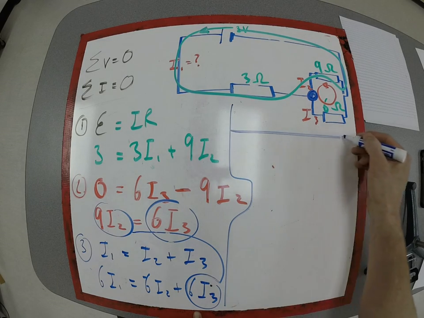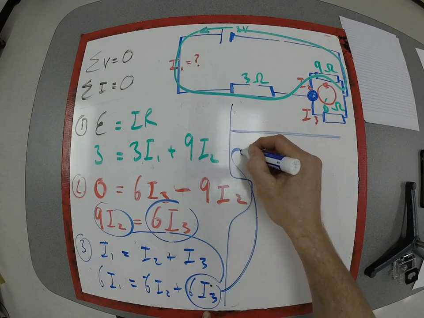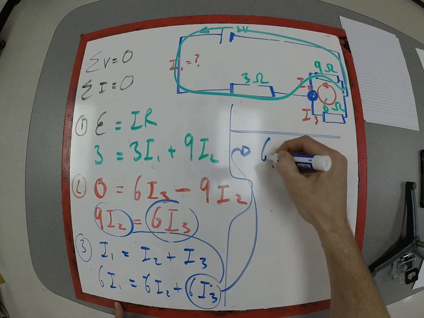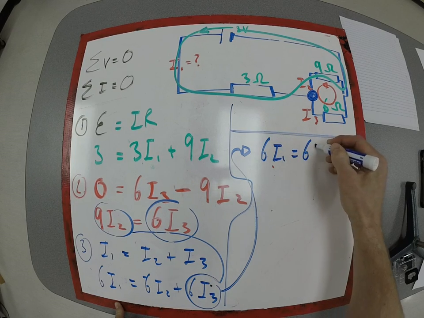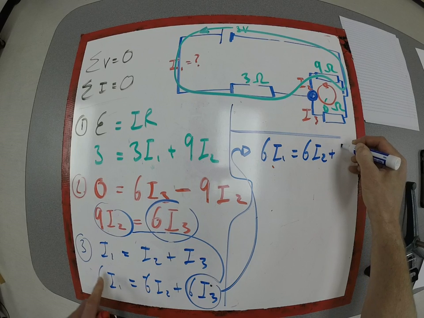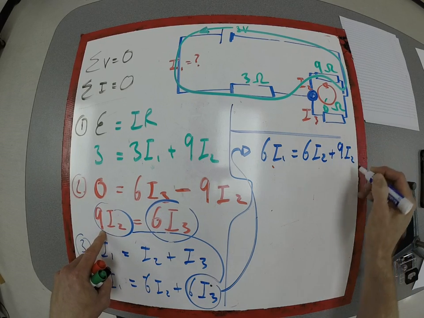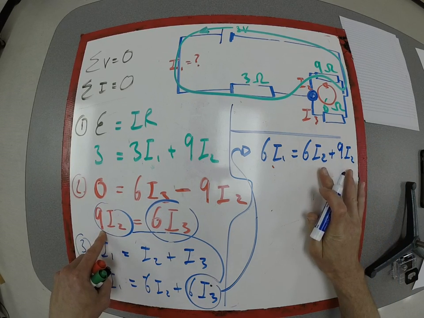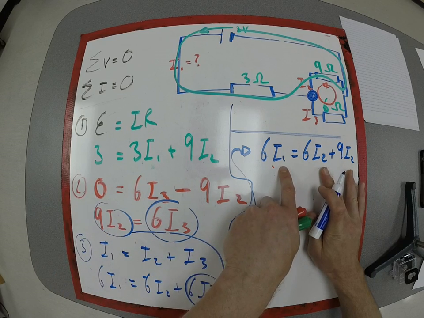So I get, just following this equation up to this point, 6I1 is equal to 6I2 plus 9I2. So now I've got 2 I2s and 1 I1. So I can give myself a bit of an equivalence ratio here between I1 and I2.